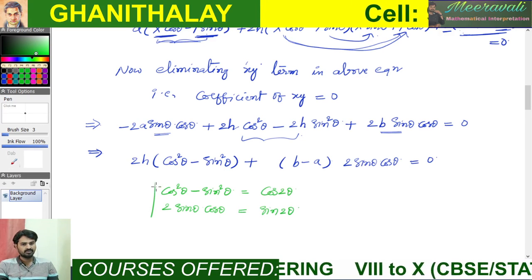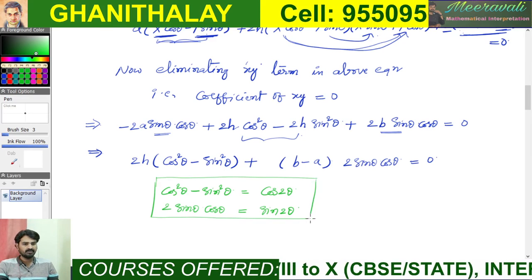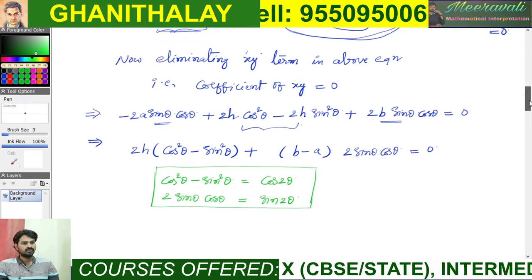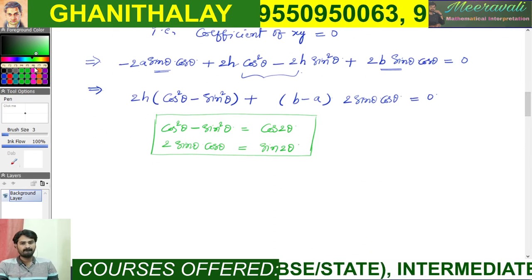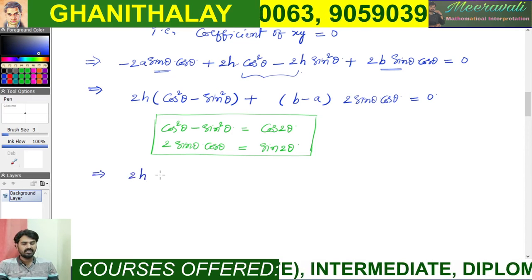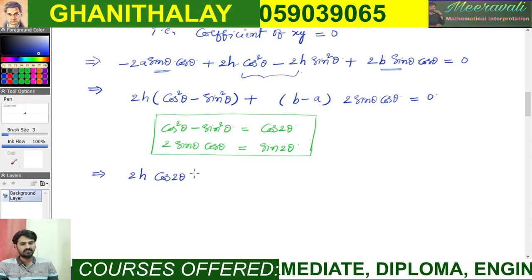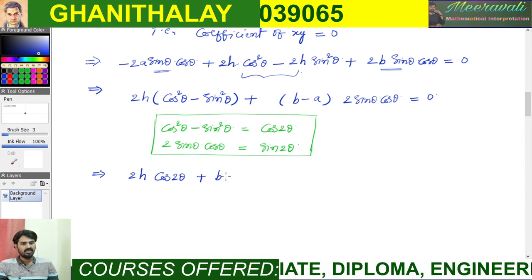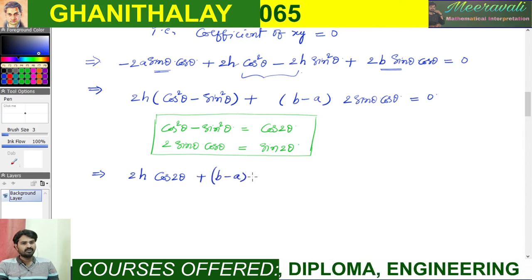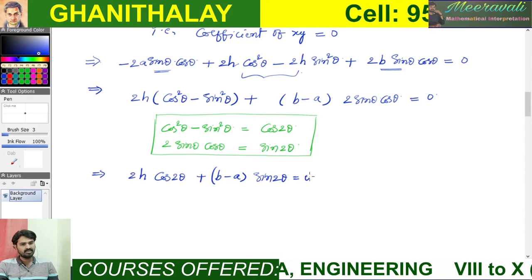So you have to substitute these formulas in the above equation. You will get here 2h into cos square theta minus sin square theta is cos 2 theta, plus b minus a into 2 sin theta cos theta is sin 2 theta, is equal to 0.